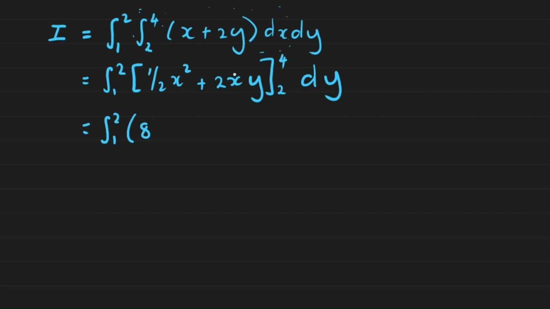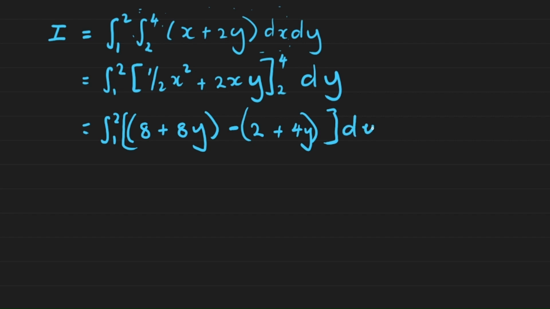Then substituting in 4 here, we have 2 times 4 times y. 2 times 4 is 8, so we're left with 8y. So now we subtract, and then we substitute in the lower bound. 2 squared is 4, 4 divided by 2 is 2, and then 2 times 2 is 4. That would be 4y. And we leave the dy as is for now.